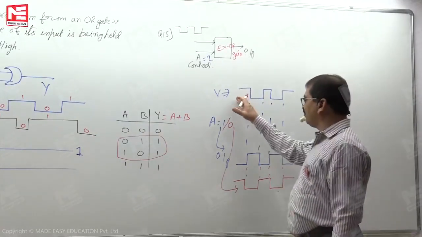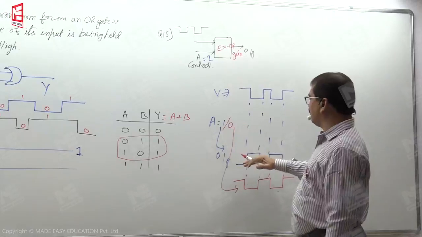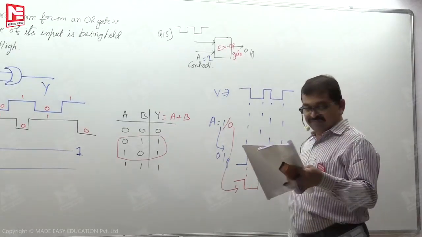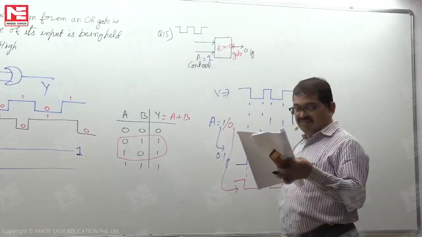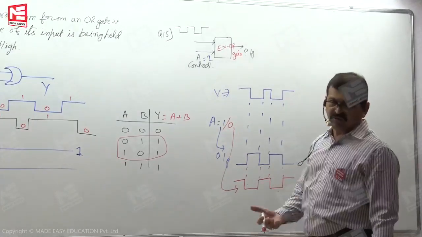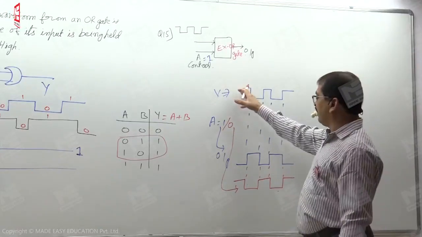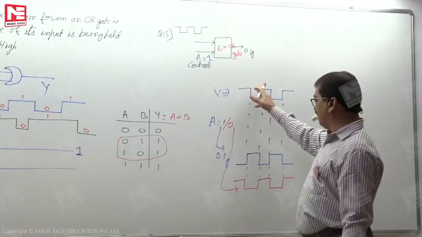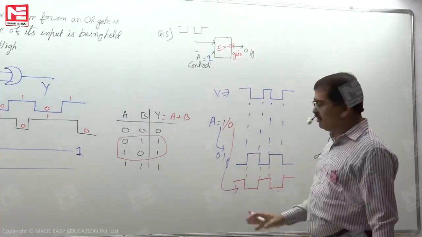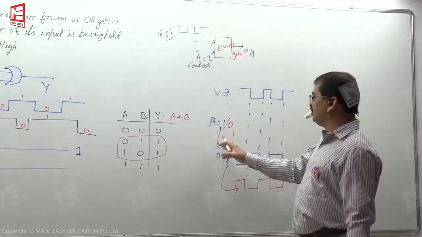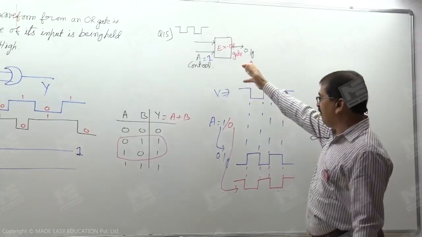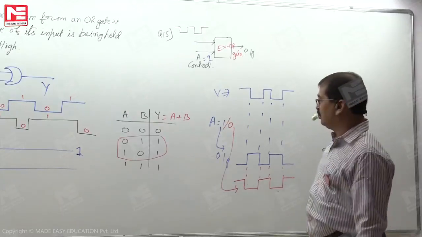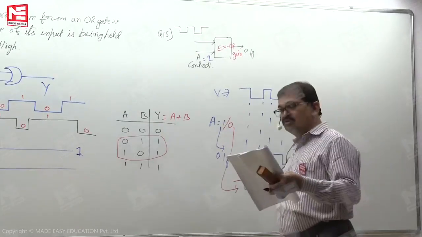On the waveform, inversion means it is out of phase. Based on the question, the black box inverts the phase of the input. Inverting phase is nothing but out of phase. So wherever we have 1 in this waveform, it must be 0, and wherever we have 0, it must be 1. It is out of phase. So we read out of phase whenever A is 1, the blue color, and we read output the same as the input whenever the control input is 0. Hence this gate is an exclusive OR gate.